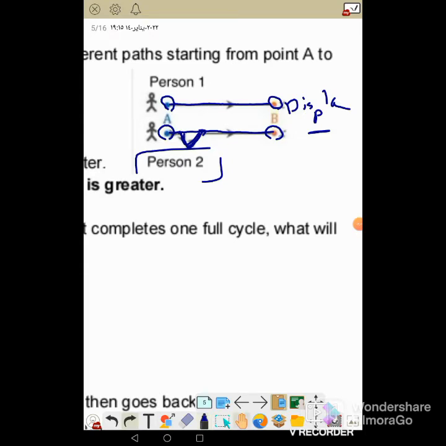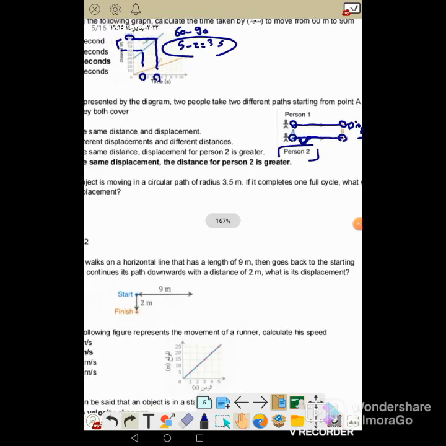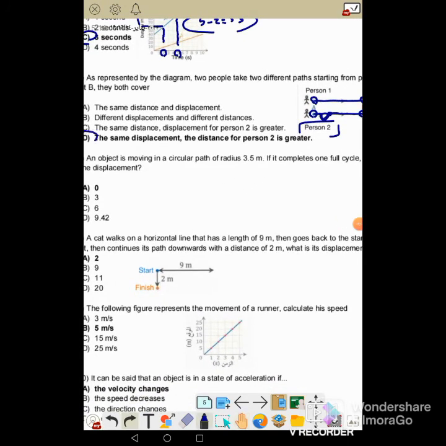So the answer here: person 1 and person 2 have the same displacement, but person 2 takes greater distance than person 1.